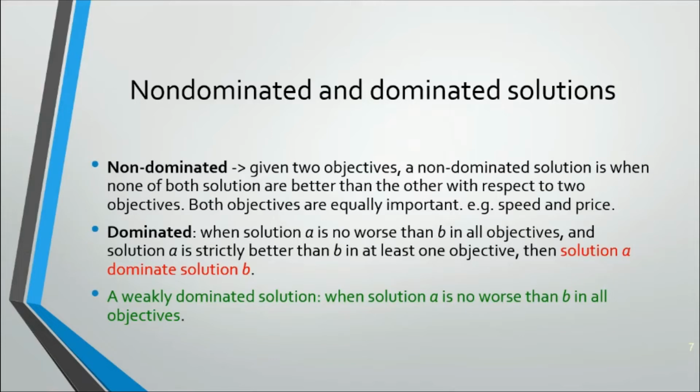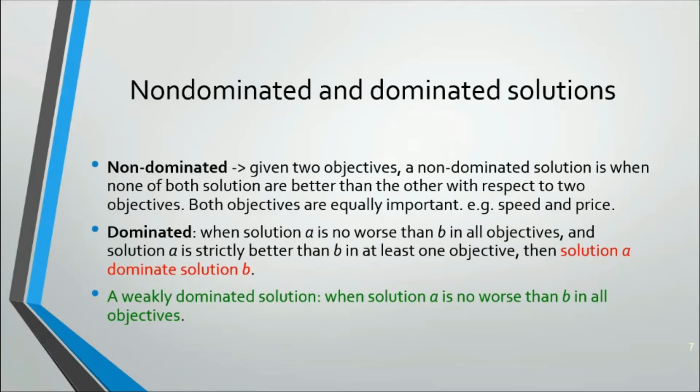A is no worse than B in all objectives, that is, the fitness values of all the objective functions of A are at least as good as those of B, and in at least one objective, A is better than B.